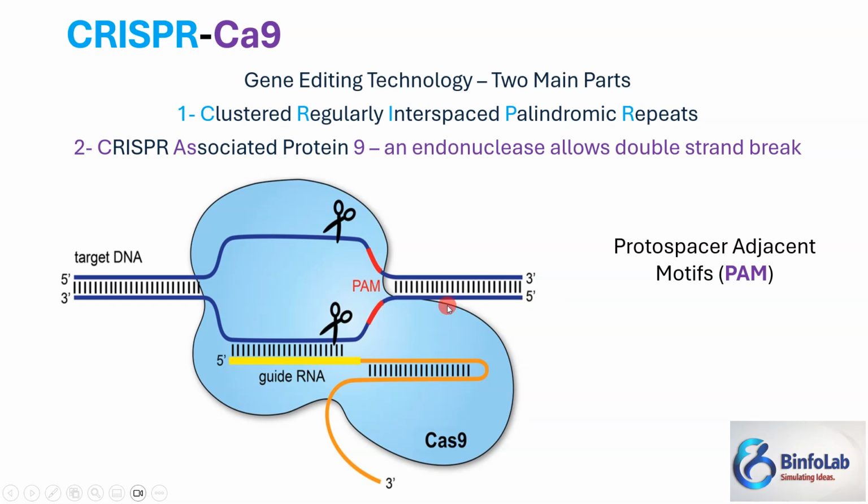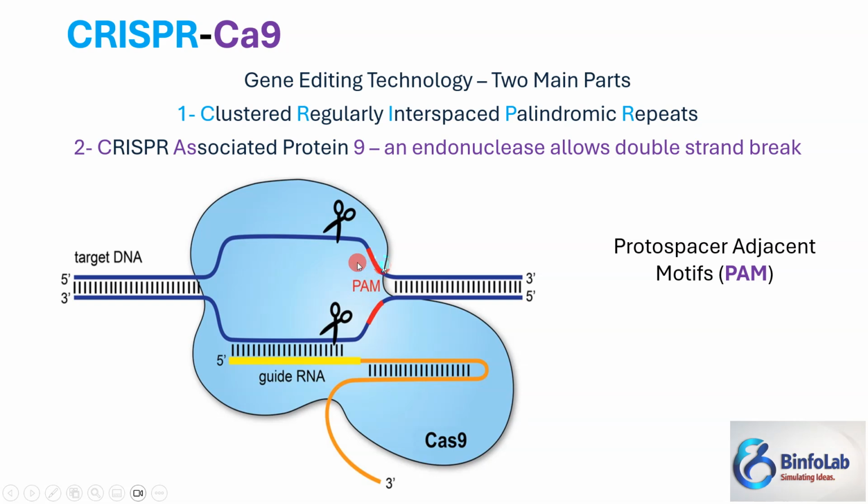Once you identify the PAM region, then you will design your primers. What are the primers? In normal PCR, we use forward and reverse primers, but in CRISPR, the concept of the primer is attributed to the guide RNA.